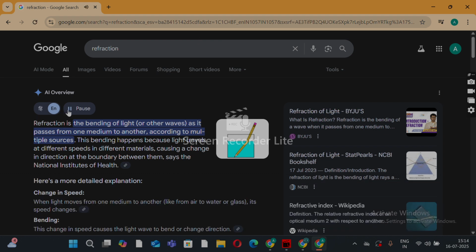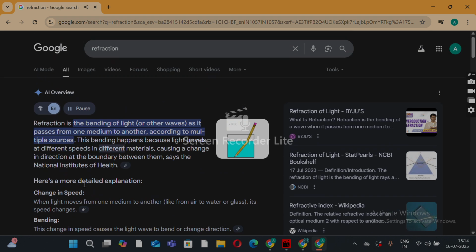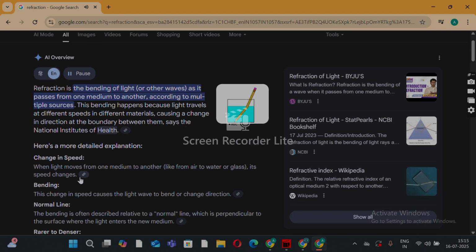Refraction is the bending of light, or other waves, as it passes from one medium to another, according to multiple sources. This bending happens because light travels at different speeds in different materials, causing a change in direction at the boundary between them, says the National Institutes of Health. Here's a more detailed explanation. 1. Change in speed.